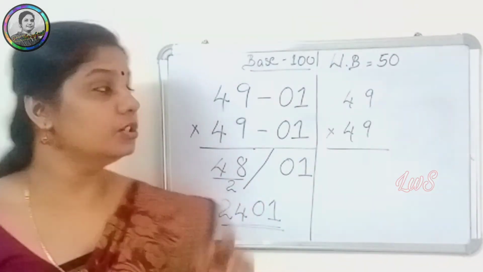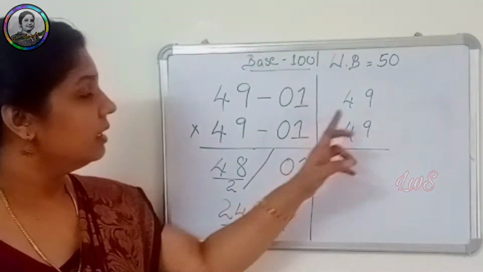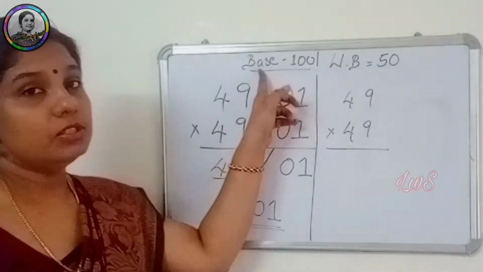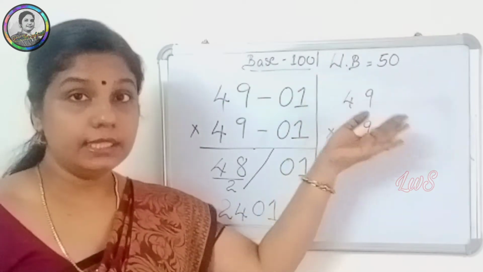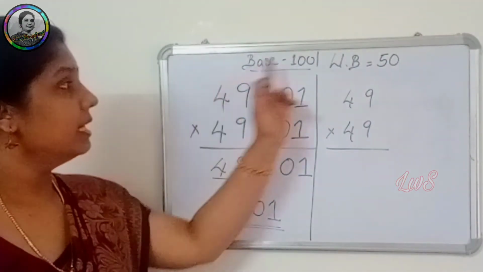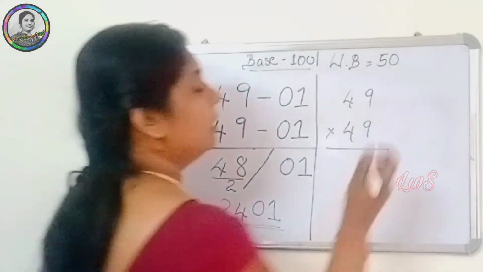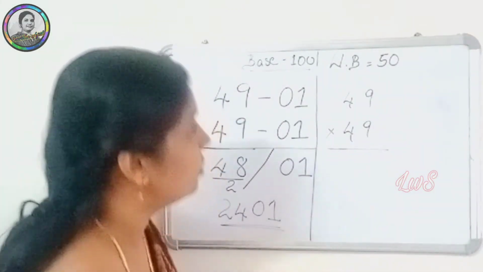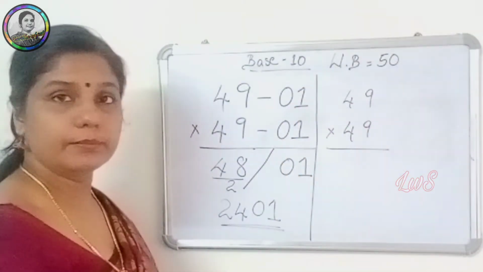Here, we are going to do the same problem in another way. It's 49 times 49. As usual, our base is 100. But our working base, we are taking it as 50. In the first case, we took it as 100 divided by 2. But here, instead of taking 100 as the base, I'm going to take 10 as the base.